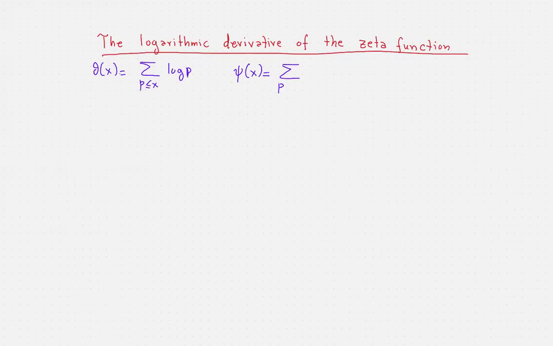And actually, the truth is that this second function is traditionally given in a slightly different way by the so-called von Mangoldt function.